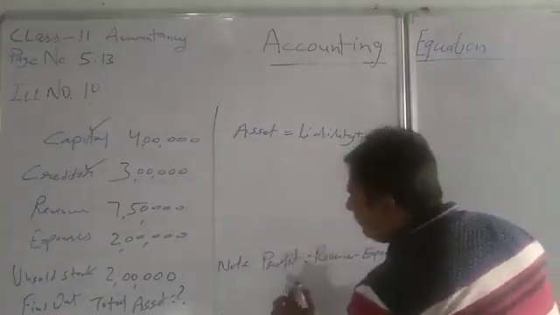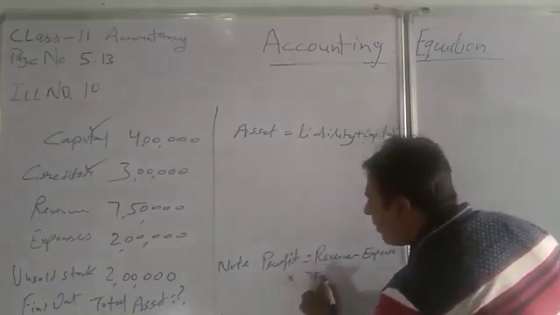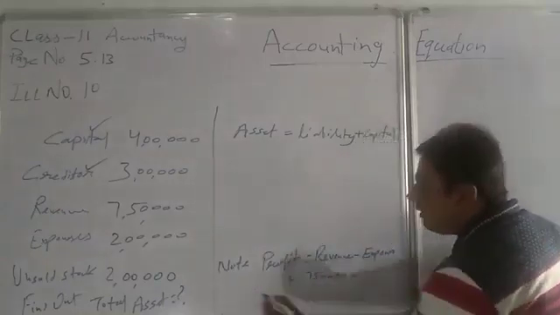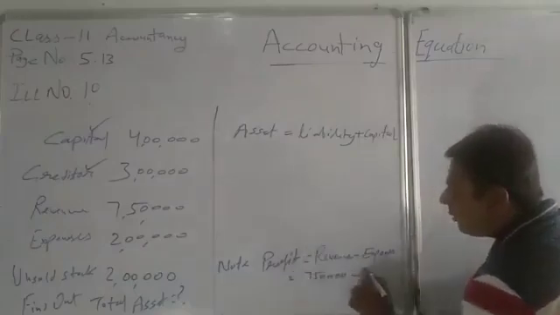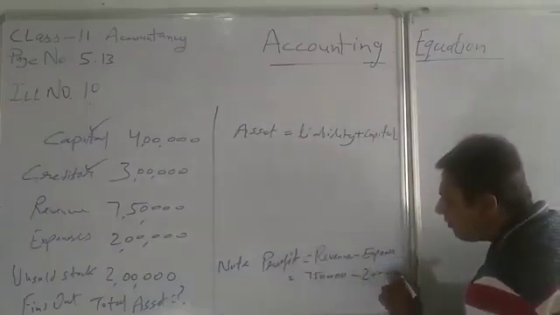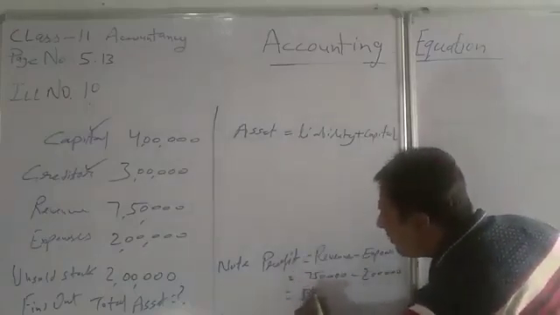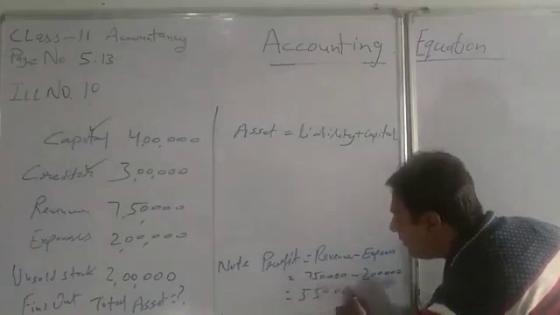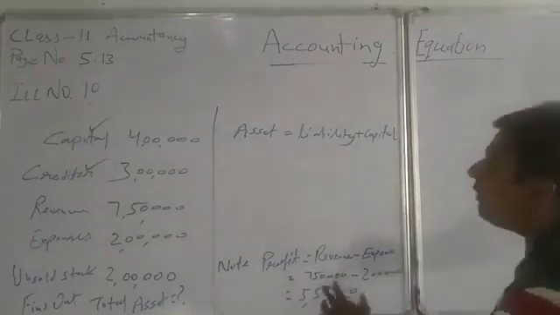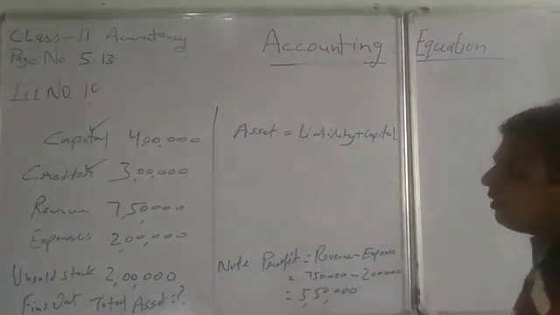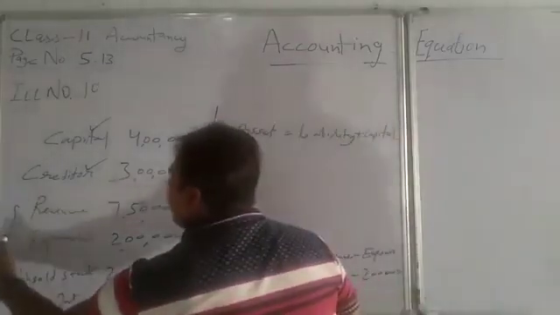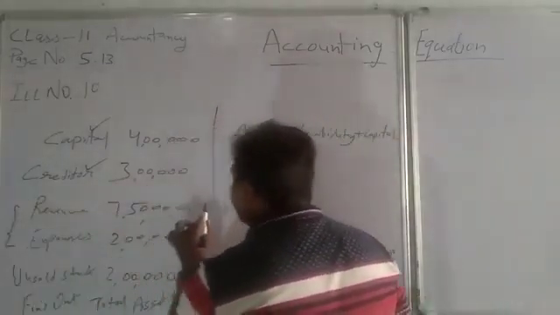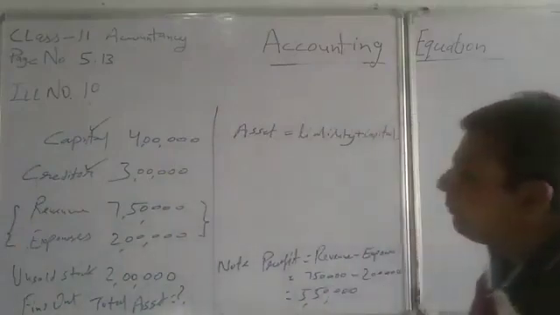So here 7,00,000 minus 2 lakh. How much does it come? 5,00,000. This is what? Profit. Okay. So through revenue and expenses we can find out profit.